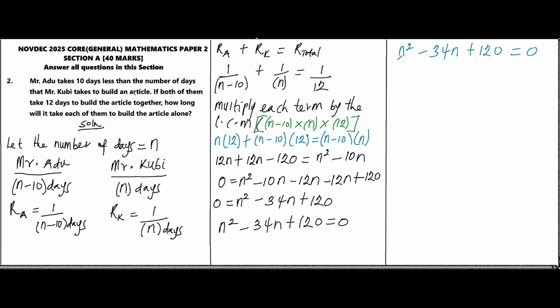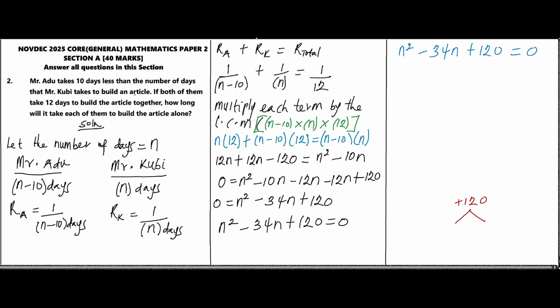So the product of 1 and 120 gives positive 120. So let's find factors of 120 such that their sum gives minus 34. So let's guess the factors. So what will be the factors?